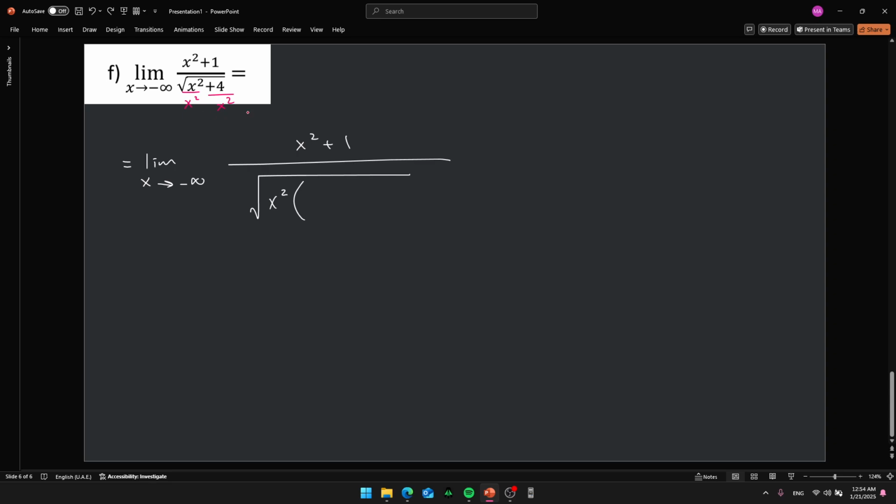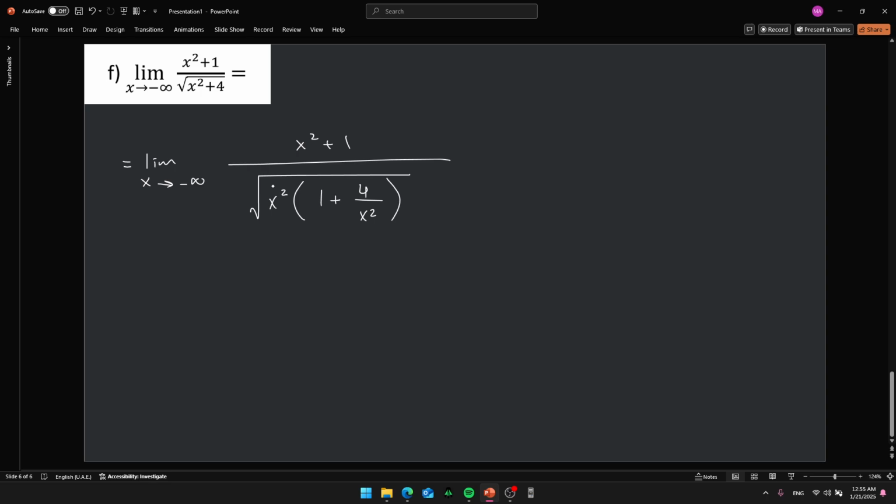So x squared over x squared equals 1 plus 4 over x squared. Okay, it's pretty simple, pretty basic algebra. So 1 plus 4 over x squared.